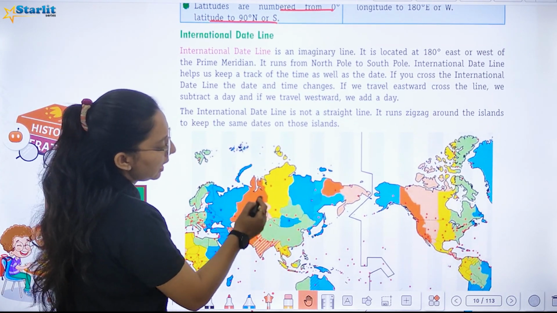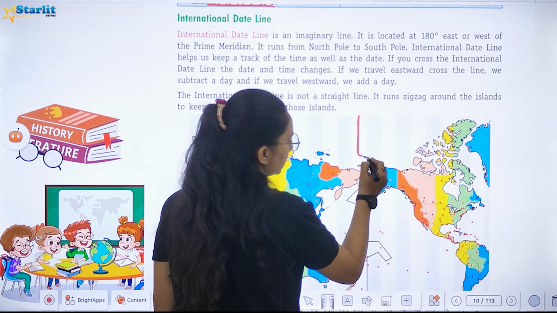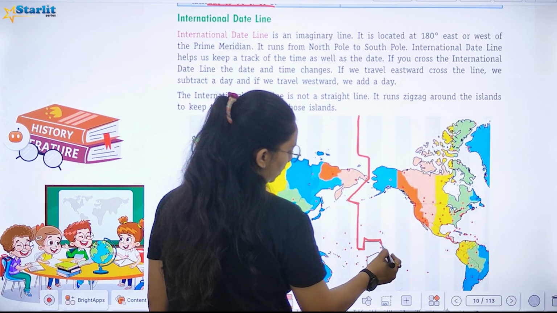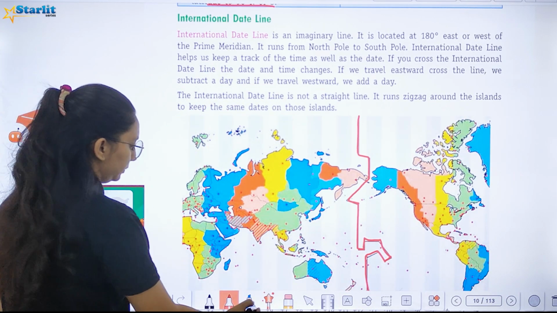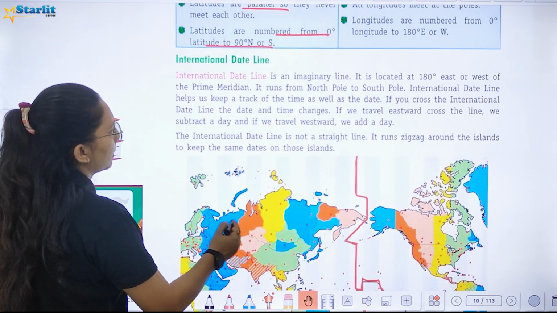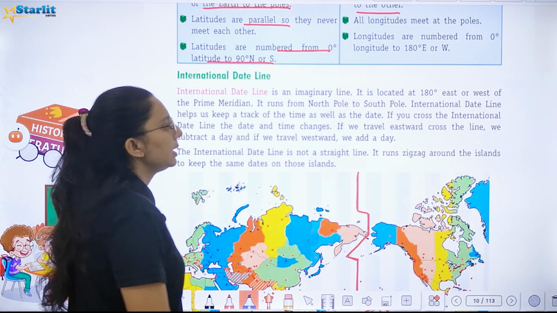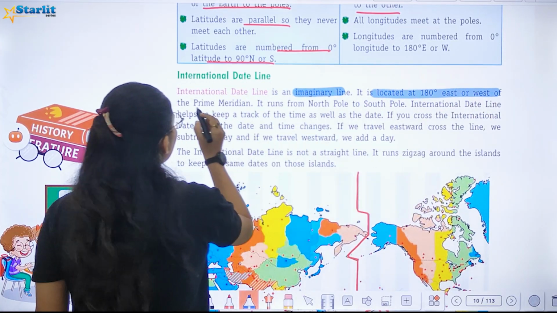Here you can see the international date line. First, may I show you. It is like this. It's not straight. This is your international date line. Now, the international date line is an imaginary line located at 180 degree east or west of the prime meridian.